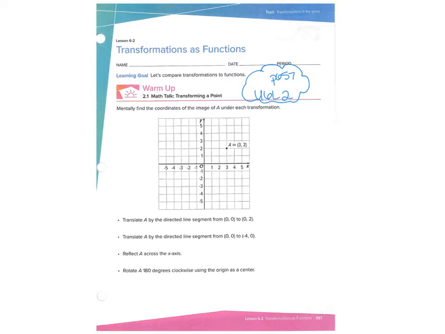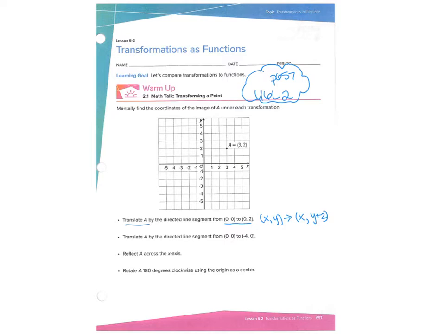So let's begin. It says to translate A, it's a translation by this directed line segment. Another way to write a translation is to say what's happening to our coordinates. So if we start at 0, 0 and we're going to 0, 2, it means my x coordinate, nothing's going to happen. But my y coordinate, I'm going to add 2 to it.